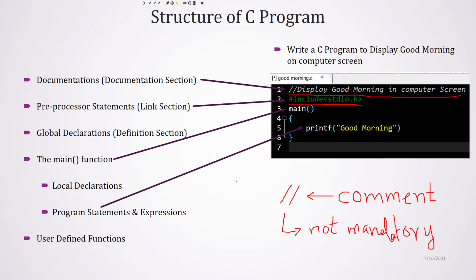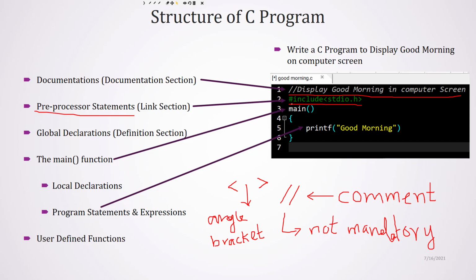If you remember the less than symbol and greater than symbol, in the previous class we studied them as angular brackets or angle brackets. They have two purposes: they can act as angle brackets and also as less than and greater than symbols. When we write preprocessor statements, this less than and greater than act as angle brackets.